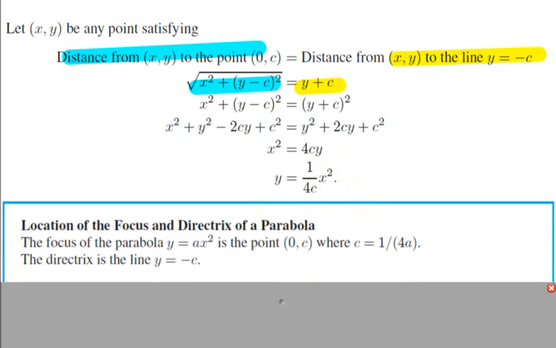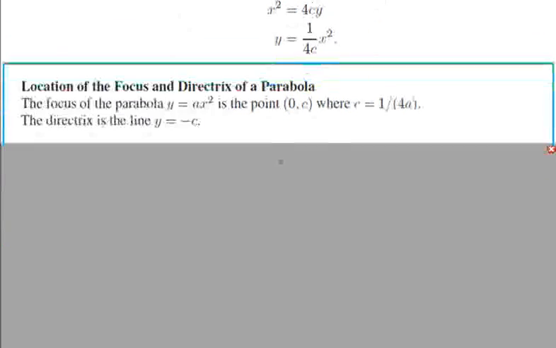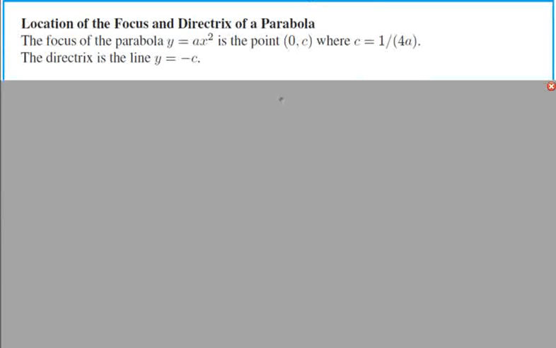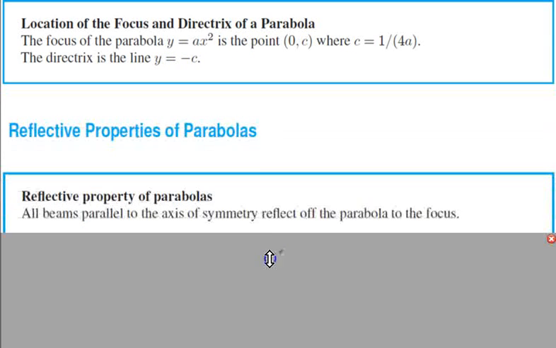And c, by definition, is the distance between the vertex of the parabola and the focus point. Okay, and this is a simple case where the vertex of the parabola is at (0, 0), so therefore life is easy. The focus is at (0, c), and the directrix is the line y equals negative c.